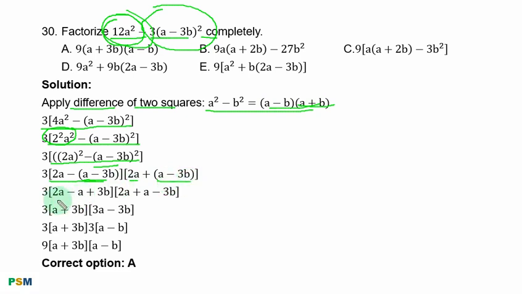If you open the bracket, you have this result. Add like terms, you have this result. From the second bracket, you can factor out 3. This 3 times this 3 is equal to 9. Then you have the two brackets. The correct option is A.